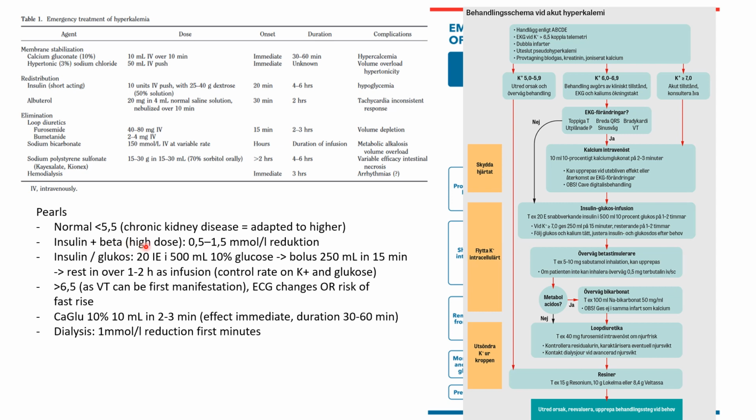And the beta blockers is a higher dose inhalation than usual. I can't remember, it's like 10 or 20, like a 4-time dose, or you can give it intramuscularly. And in combination, you may expect to find 0.5 to 1.5 millimoles reduction, and it's only temporary, right?